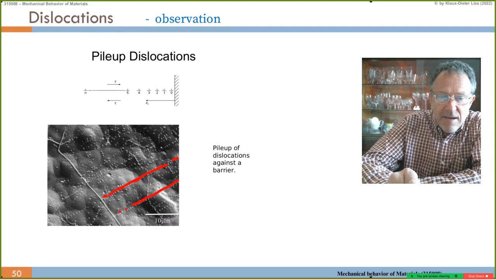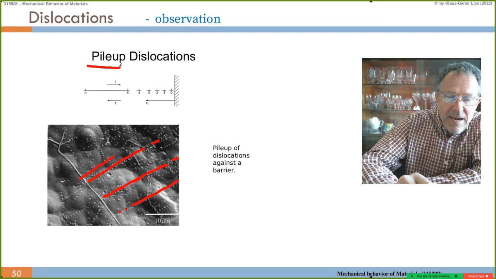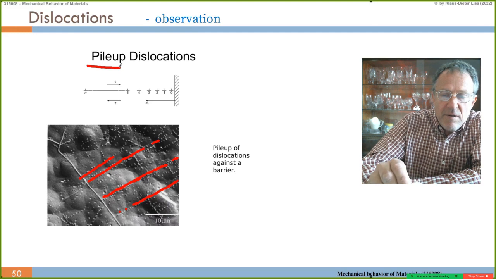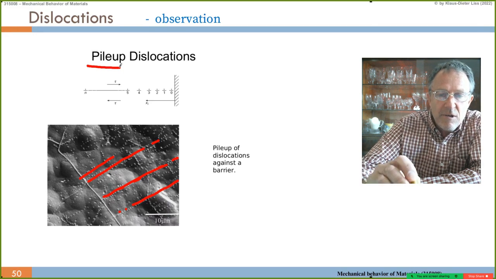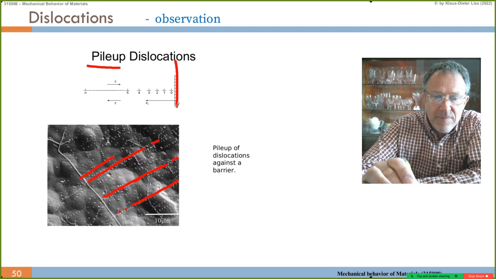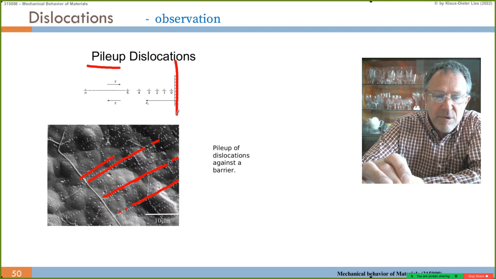And here's another line where they just line up, another line, another line. So they pile up, we say, one after the other. That will lead to the Hall-Petch equation of deformation of polycrystalline material as a function of grain size.